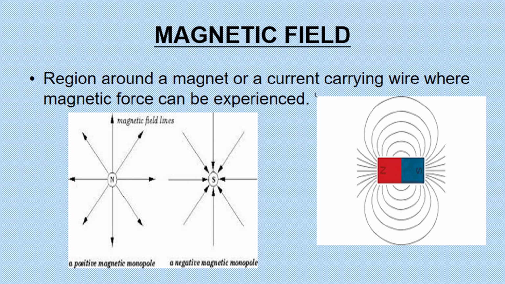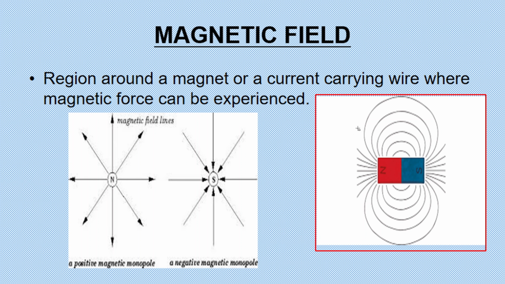Consider this example: we have a magnet, and around this magnet there is a region, a specific portion where we can see these imaginary lines. At some regions you are going to see circular lines, and there are parts where the lines are going to get extremely straight. So we can say that this is the region in which we can experience the magnetic force of a certain magnet, and as a result, this area is considered the magnetic field of this magnet.